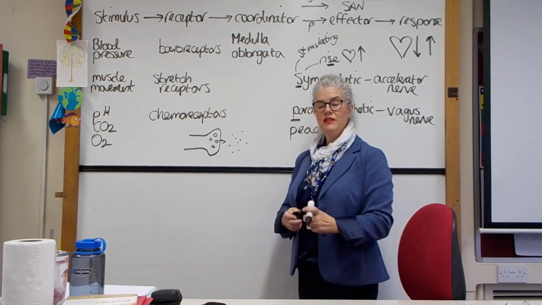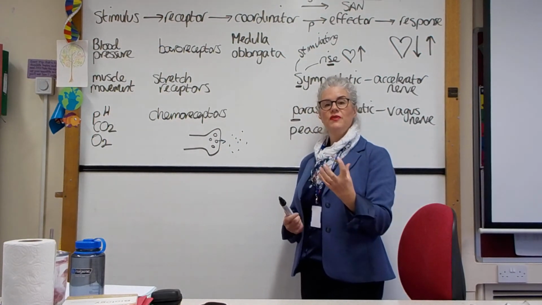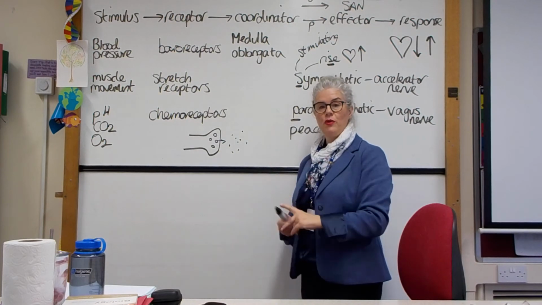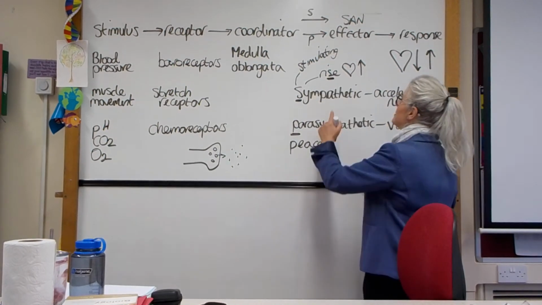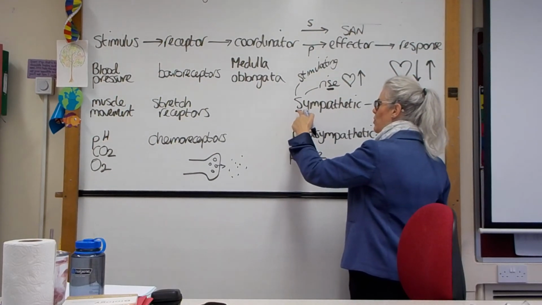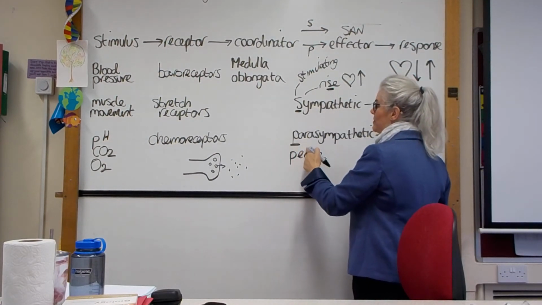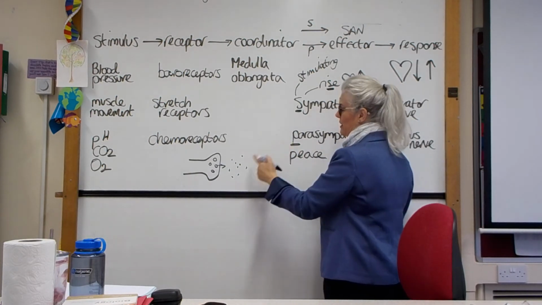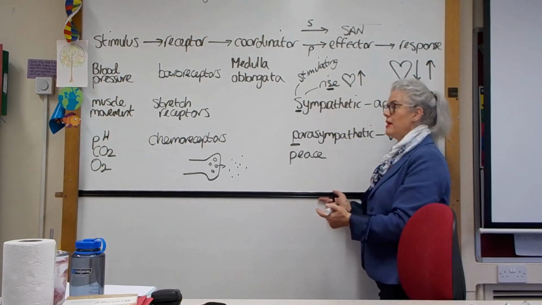And then that neurotransmitter will bind to receptors on the surface of cells and stimulate a response within those cells. So this sinoatrial node must be able to respond to the sympathetic and the parasympathetic. And the difference between these two is which neurotransmitter they release.